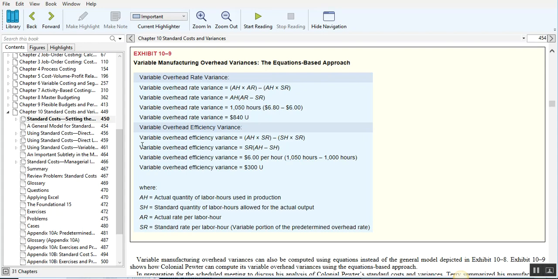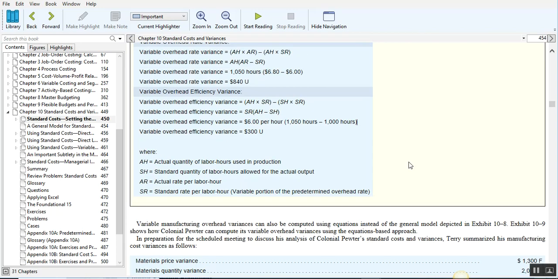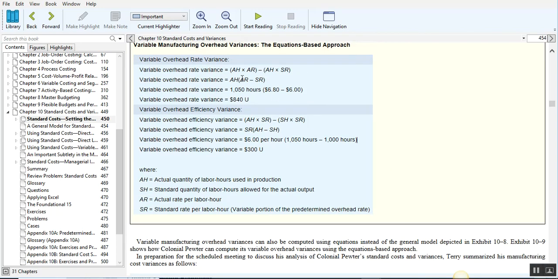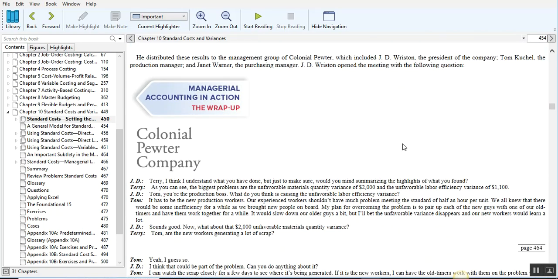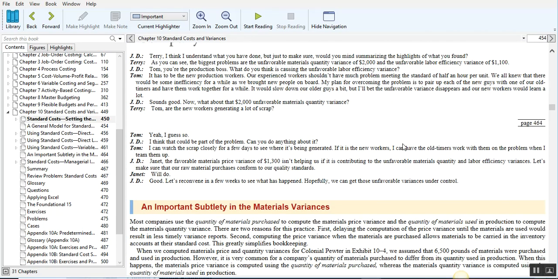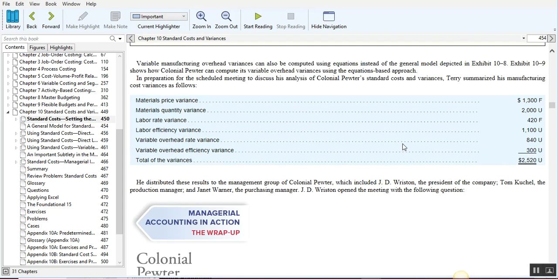The variable overhead efficiency variance is going to be the standard rate times the actual hours minus the standard hours. So we're going to isolate the variance as either related to the rate difference or related to the hours that we actually utilized. So basically that's it for Chapter 10, and I just want to let you know what those variances are and how to compute them.